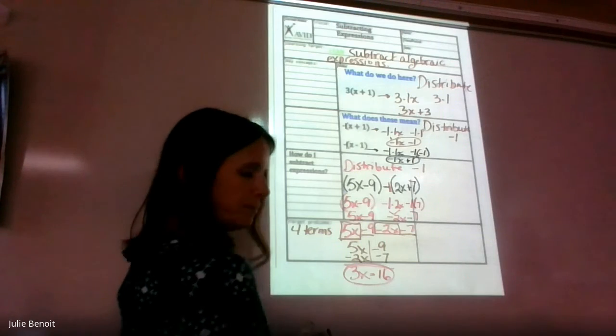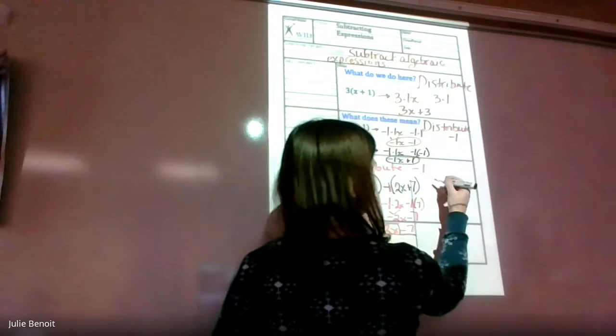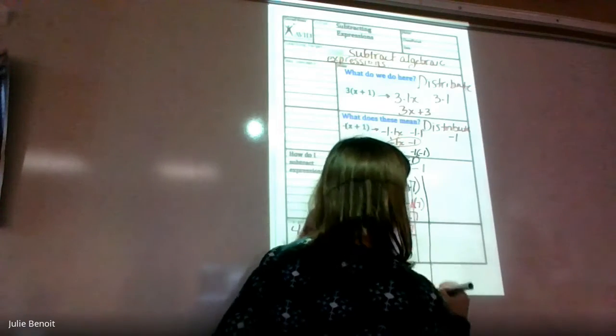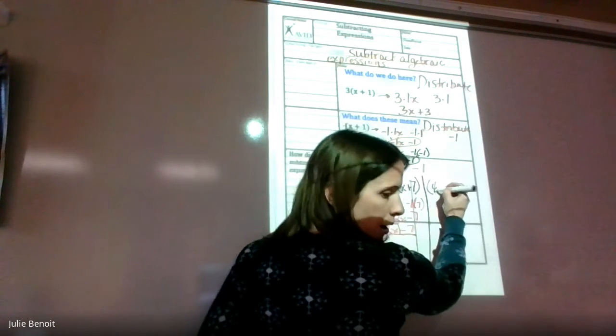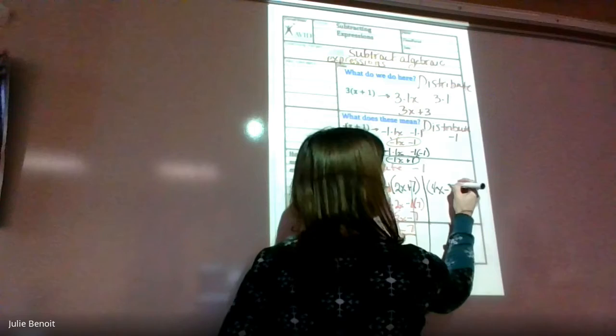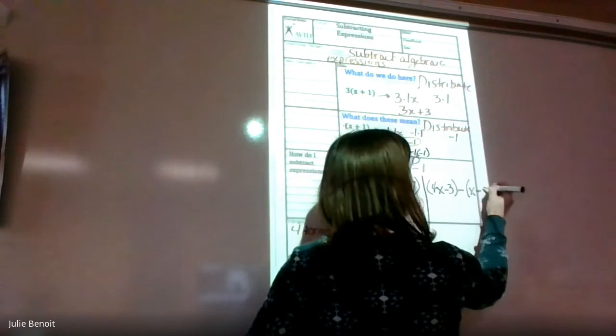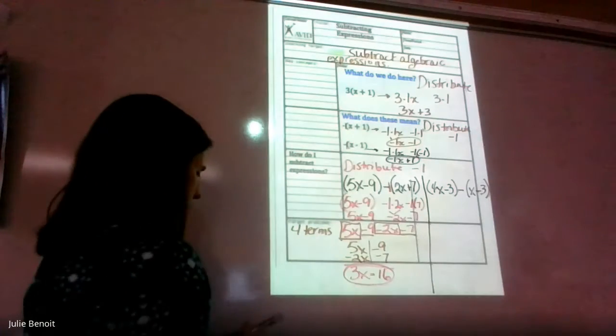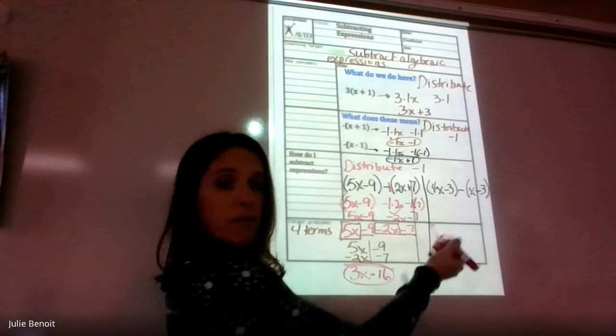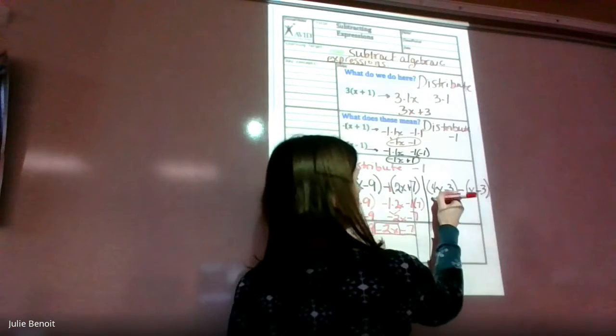Let's try another. Move our line over here. We have 4x minus 3 minus x minus 3. All right, first parenthesis, nothing's happening, leave it alone.